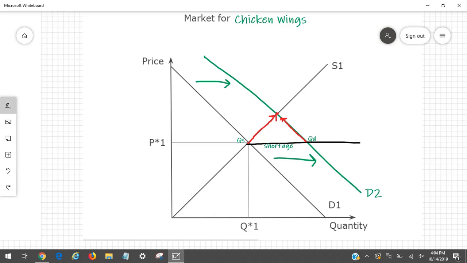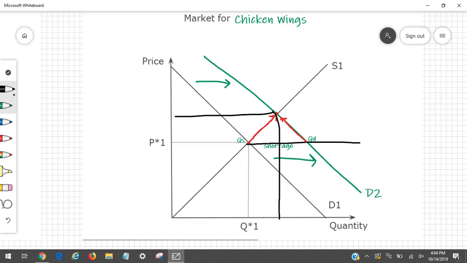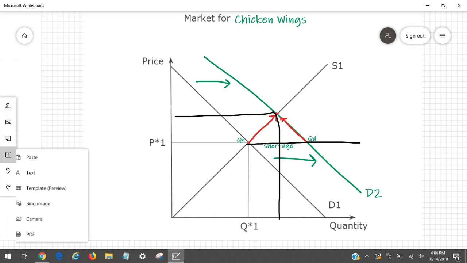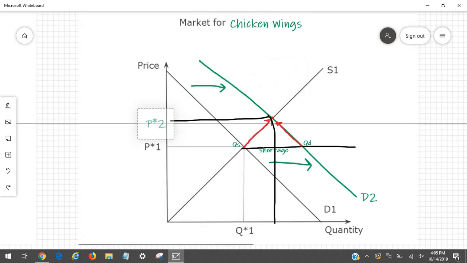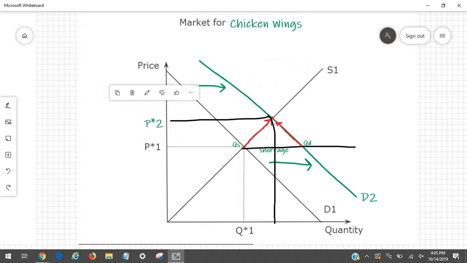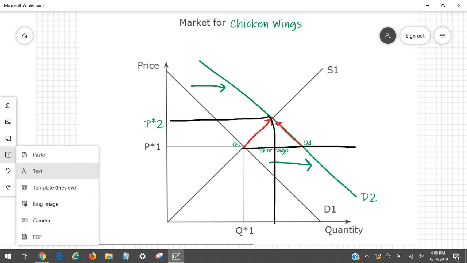So I've got a new equilibrium price and a new equilibrium quantity, which I'm labeling.